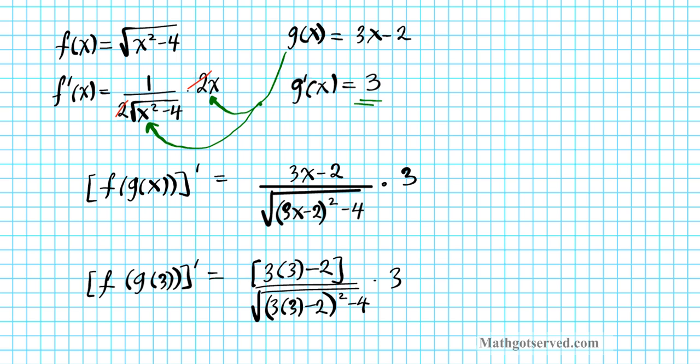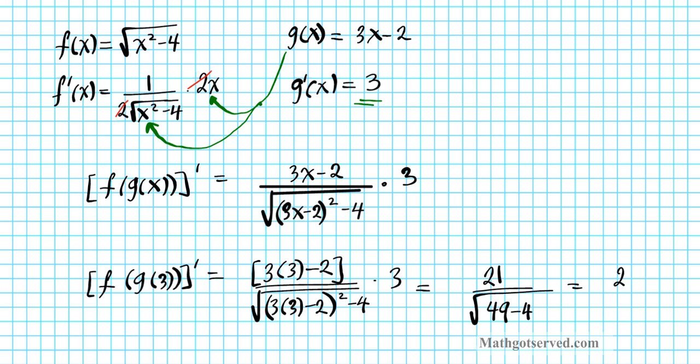Okay? So this is just basic arithmetic we're going to be doing here. So we have 3 times 3 is 9. 9 minus 2 is 7. 7 times 3 is 21. 21 over the square root of 3 times 3 is 9, minus 2 is 7. 7 squared is 49 minus 4.